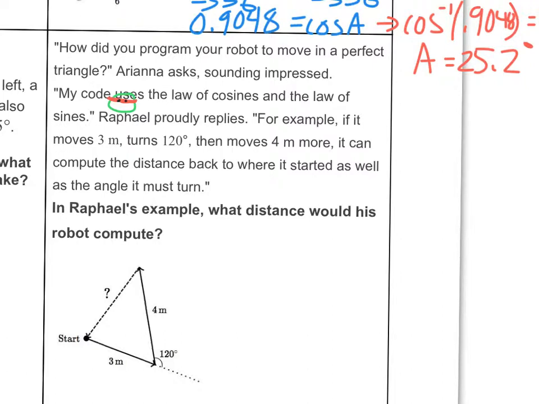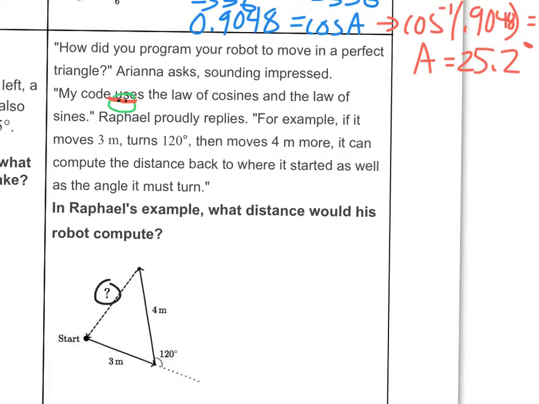And we're using the law of cosines and law of sines. What we're trying to do is to figure out what distance is here. Most of this story we don't actually need to know, and they also give us a picture that's pretty clear for us to figure this out.